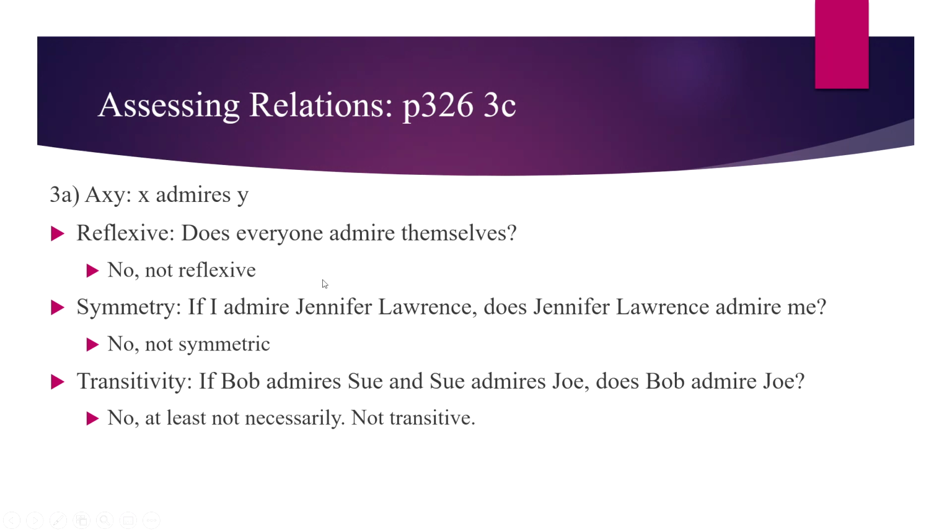Remember, if you can think of even one counterexample to the claim, it fails. For it to be reflexive, it has to be true in every case that everyone admires themselves. For it to be symmetric, it has to be true in every case that if X admires Y, Y admires X. And for it to be transitive, it has to be true in every case that if someone admires someone else and that person admires a third person, then the first person admires the third person.